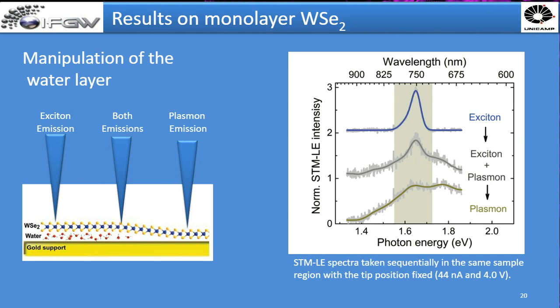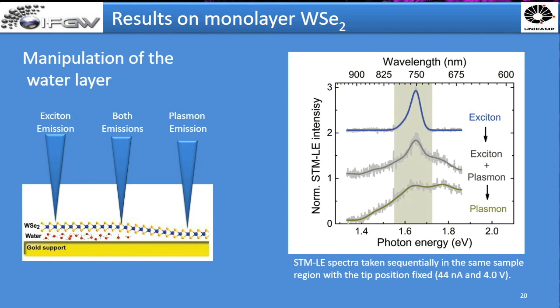And we could use this to press a little bit the TMD and get rid of the water. So the water would go to the sides. This is also well documented in graphene with AFM. So you can manipulate this amount of water that is beneath your two-dimensional material.